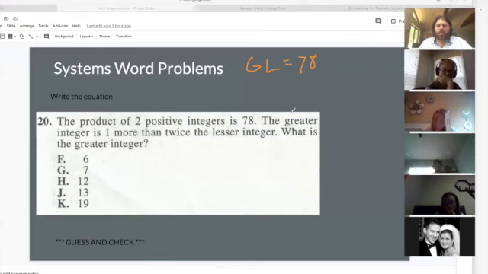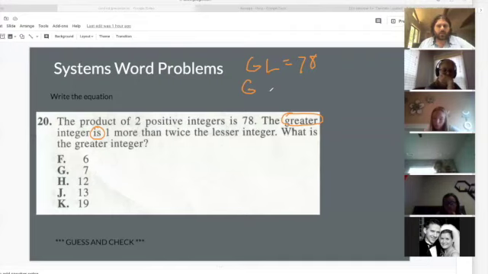Okay, but that's okay. No, I think that's a smart idea, actually. Let's try to use keywords here. The greater is. What does that start me off with? If I'm writing an equation and it says the greater is, what does that sound like to you? Greater means G, right? So G, and then what does is sound like in an equation?